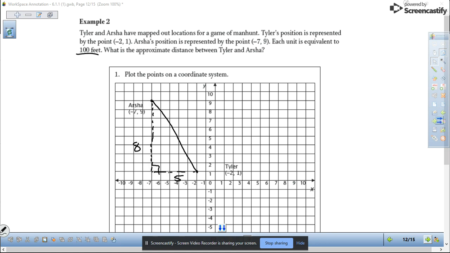From there, what we want to do is 8 squared plus 5 squared equals my hypotenuse squared. I'm just going to use h this time. So we get 64 plus 25 equals h squared, that would be 89 equals h squared. Now we need to do the square root of that.